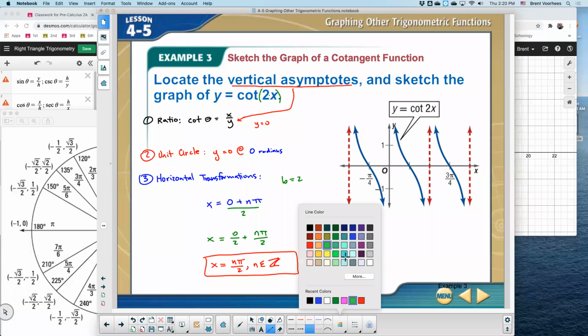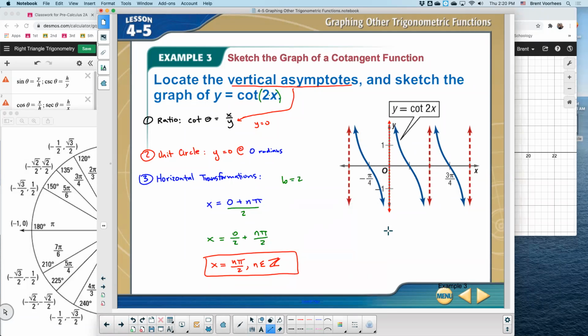Let me get my colors going here. They did not include this one. You'd have one at 0. This is when n equals 0. All that cancels out. So when n equals 1, you would have one at 1 pi over 2.